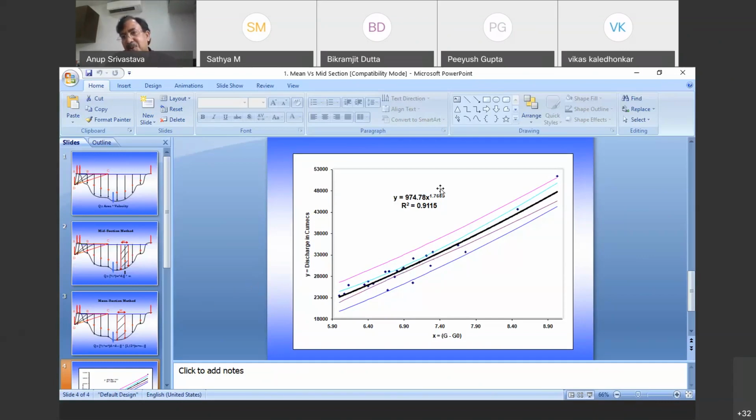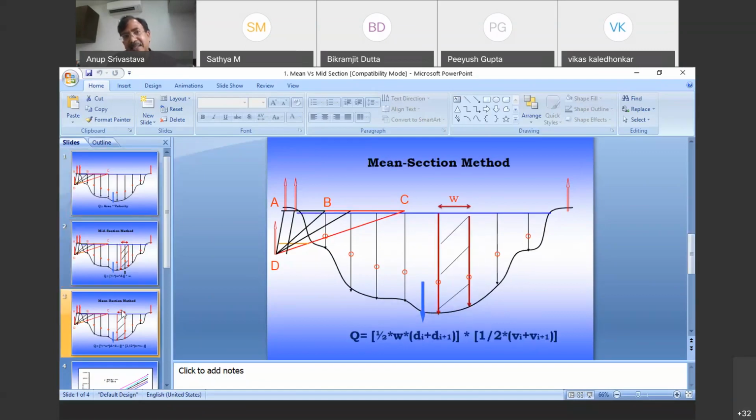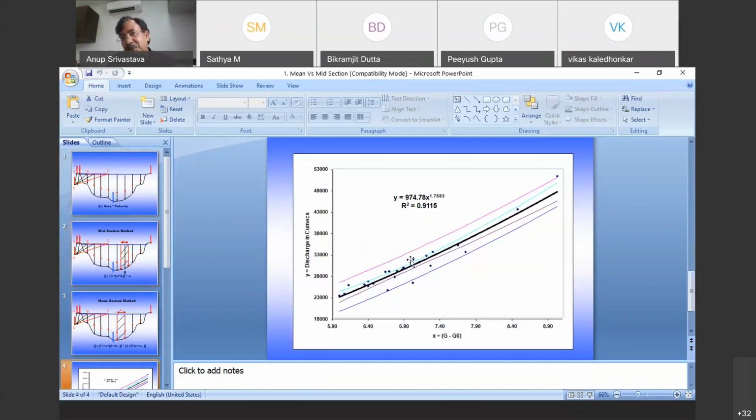So my point in showing this curve is that whether you use the mean section method or the mid section method, it will only put a value and occupy its place on this chart like the observed values. But the final discharge value will always be calculated from this rating curve, the rating equation.